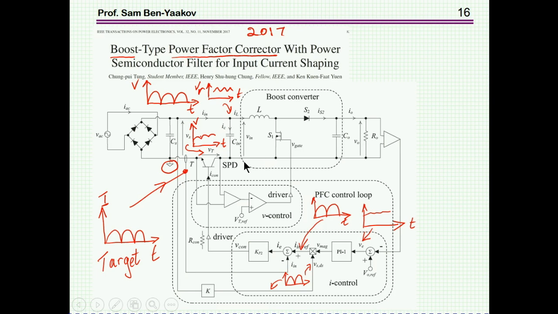Now we have a transistor. It's a BJT transistor in series. The current is flowing this way through this transistor. Now, this amplifier senses the voltage across the transistor and compares it to a reference. This is actually a comparator. As soon as this voltage is higher than this reference value, this comparator kicks in and the transistor turns on.